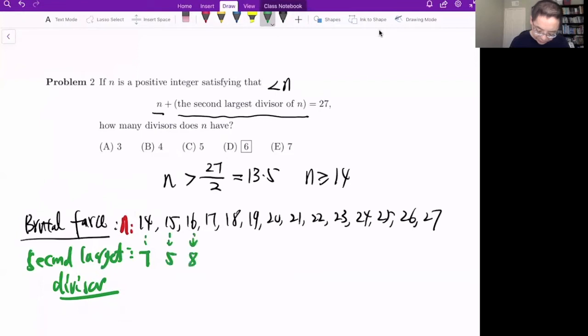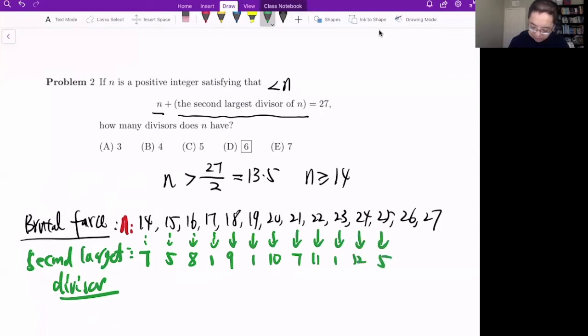For 16, it is 8. 17 is a prime number. It has only 2 divisors, 1 and 17 itself, so this one is 1. For 18, it is 9. 19 is again a prime number, so it's 1. 20 is 10. 21 is 7. 22 is 11. 23 is again a prime number, so it's 1. 24 is 12. 25 is 5. 26 is 13, and 27 is 9.